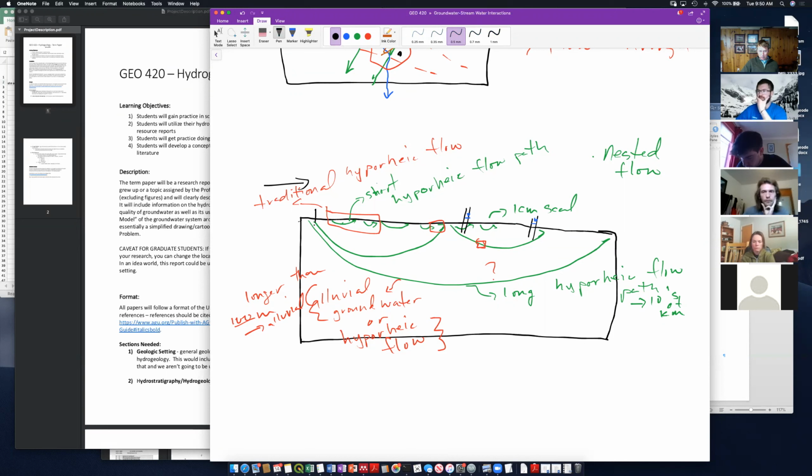So like in this location, I would pound a piezometer and my water level would be below the stream bed or the stream surface. Let's say this is the stream surface. In these discharge locations, my water level in my piezometer would be above the stream surface.